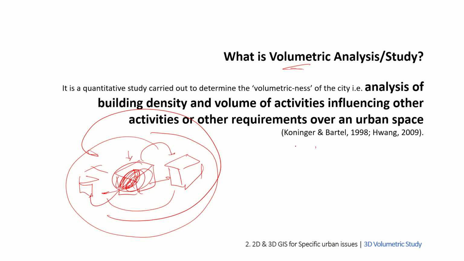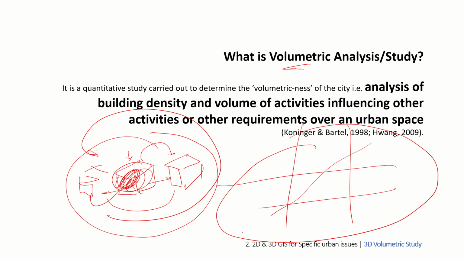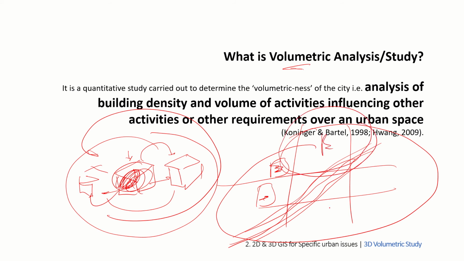For example, let's say we have an existing city, and we already have certain developments in place. We have habitation, let's say this is some natural stream, and we have some green buffer areas and so on and so forth.